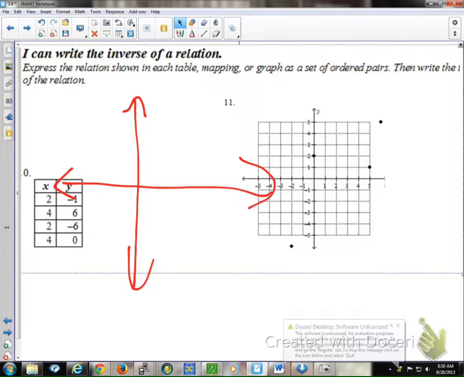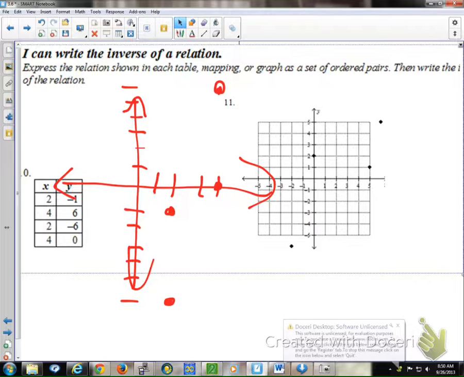So first, the point 2, -1, the point 4, 6, the point 2, -6, and the point 4, 0, right here. Okay? Now, that's all you had to do before you do the inverse.